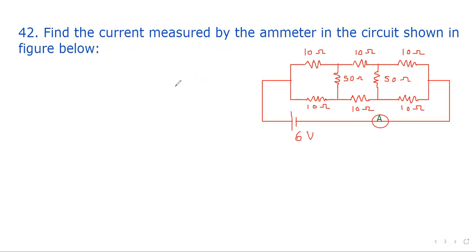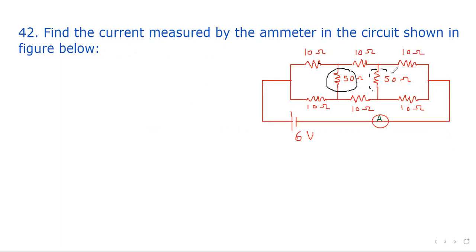Now, question number 42. Find the current measured by the ammeter in the circuit shown. If we consider this portion, here this 50 ohm resistance will be redundant, so we can remove it. The same is true here, there is symmetry, so no current will flow through this resistor.